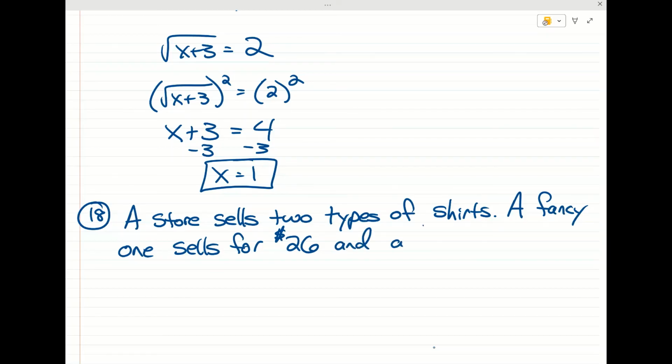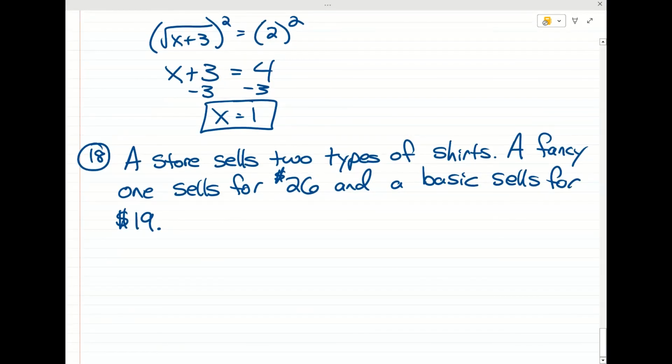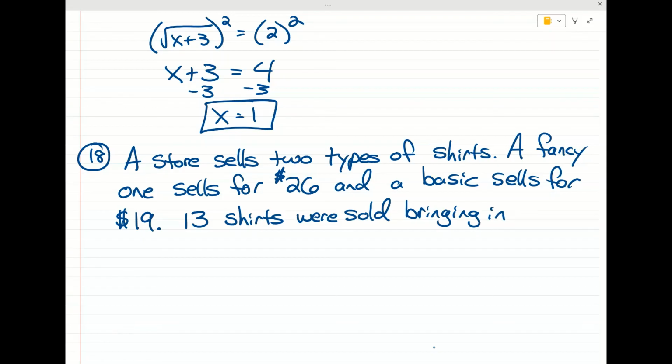And a basic one sells for $19. 13 shirts were sold, bringing in $310. How many of each type were sold?